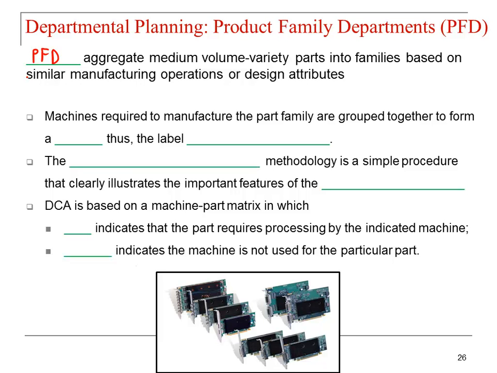That can be called a product family. The machines required to manufacture the part family are grouped together to form a cell. Thus, the label cellular manufacturing.